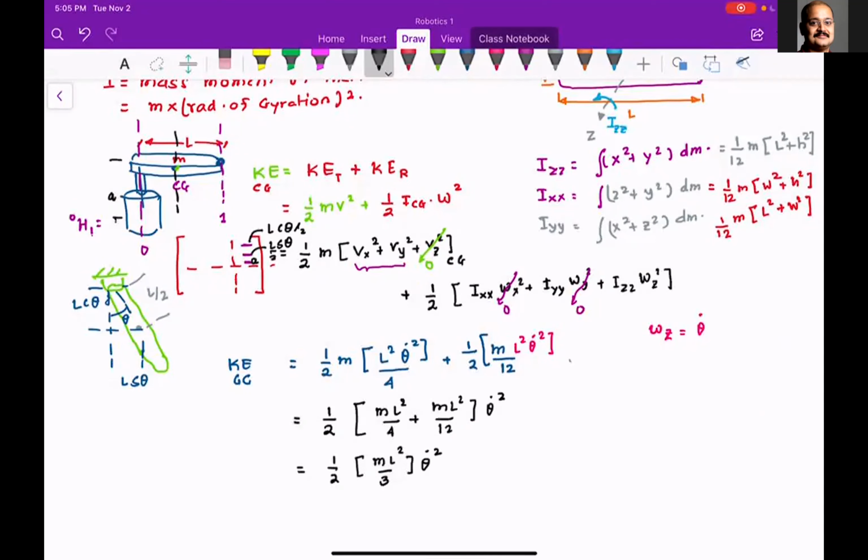Now what is that? That is nothing but the moment of inertia about O. So the moment of inertia about O is actually m L square by 3.